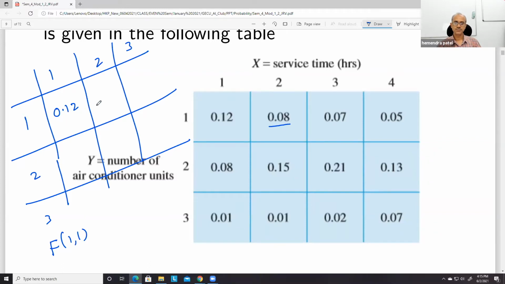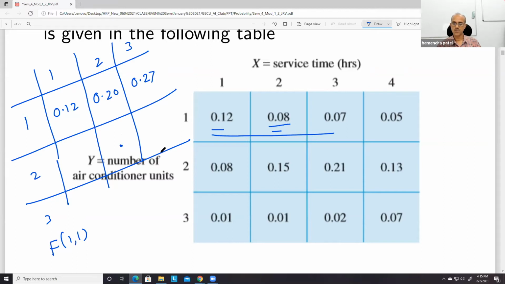Now here in this cell, the number will be 0.20, here 0.27, like this.